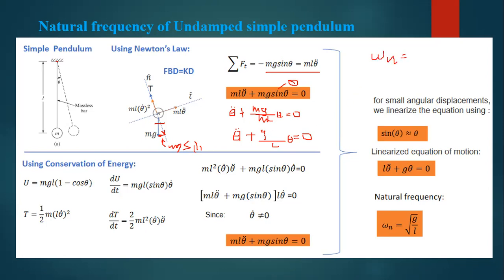From this equation, omega n squared is g over l. Then omega n equals radical of g over l.